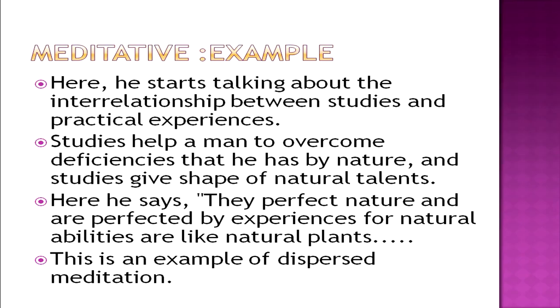Studies help a man to overcome deficiencies that he has by nature, and studies give shape to natural talents. Then he says, they perfect nature and are perfected by experiences, for natural abilities are like natural plants. So, this is an example of dispersed meditation. The central idea remains the same, but the sub-ideas are not fully connected, not very well organized.